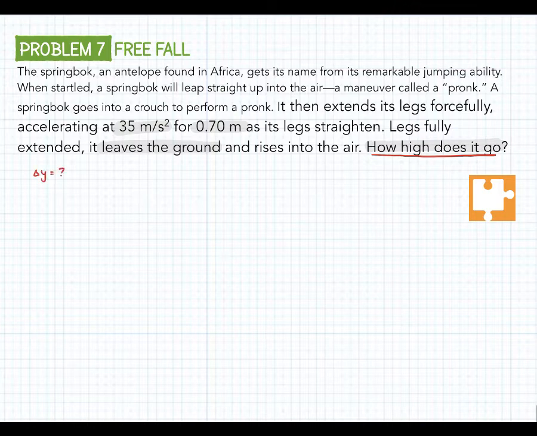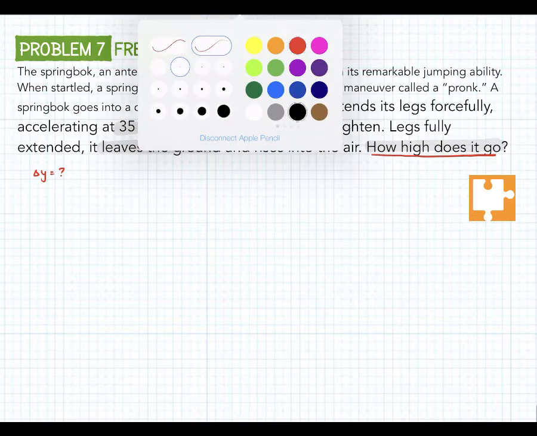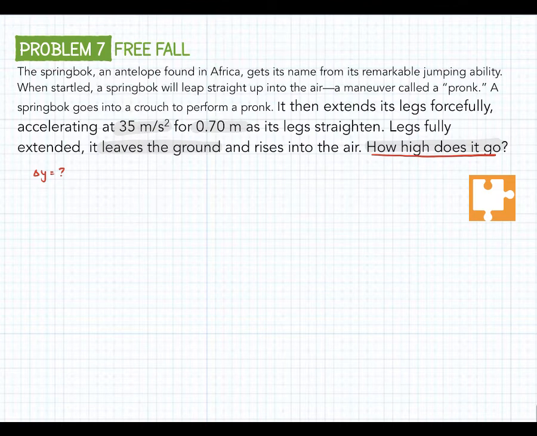But in order to understand that, we're really going to need to draw a picture. So let's start by drawing our picture. Essentially, we're going to take the center of the Springbok to be its whole thing. So let's say this is our Springbok.